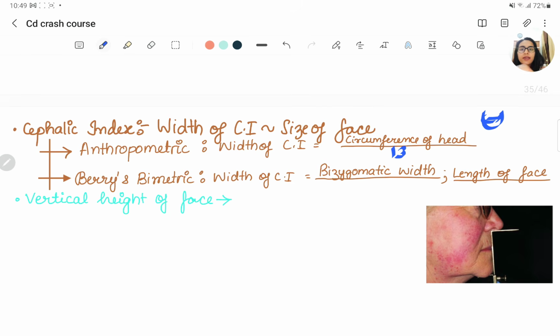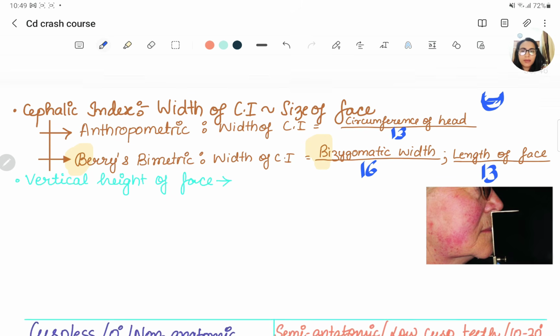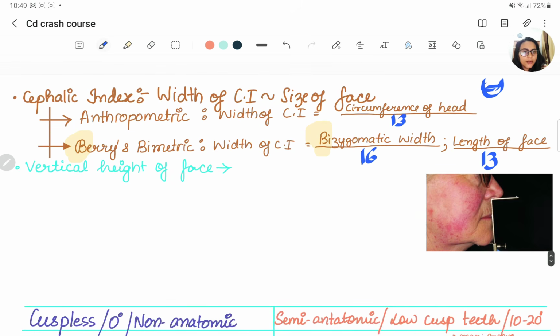Berry's biometric index: B for Berry's biometric index and B for bizygomatic width. So the width of the central incisor is equal to the bizygomatic width divided by 16, and the length of the face divided by 13 gives Berry's biometric index. Vertical height of the face is determined by using a Willis gauge.